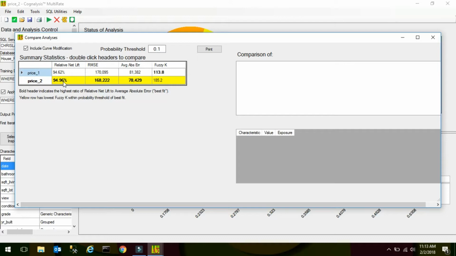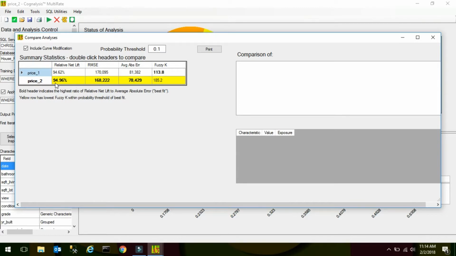Also notice there's a yellow shading here. The yellow shading is saying, well, it's possible that we could have another model that doesn't fit quite as well on the test data, but is close enough in terms of a statistical measurement they consider to be very similar to the best fit and has a lower fuzzy k. So the yellow one is the simplest model within tolerance of the best fit.